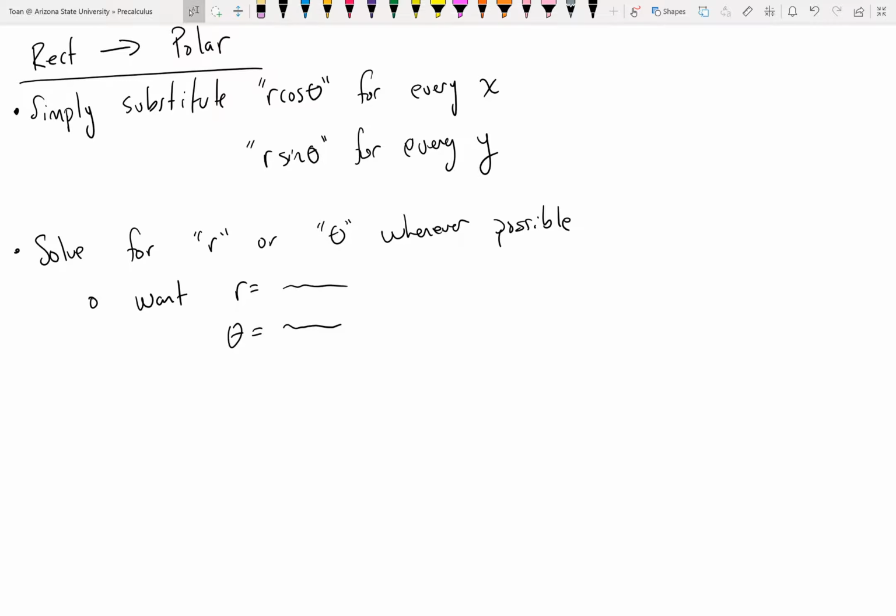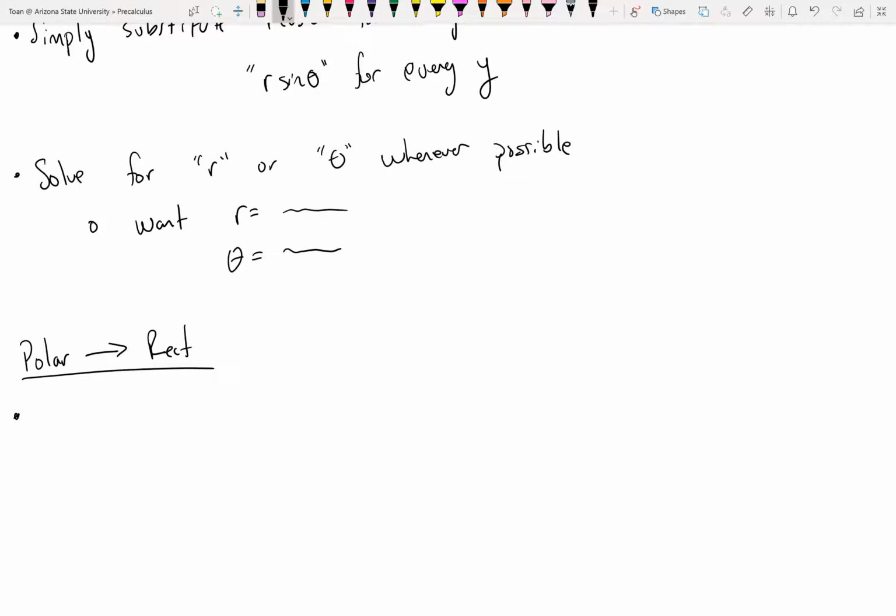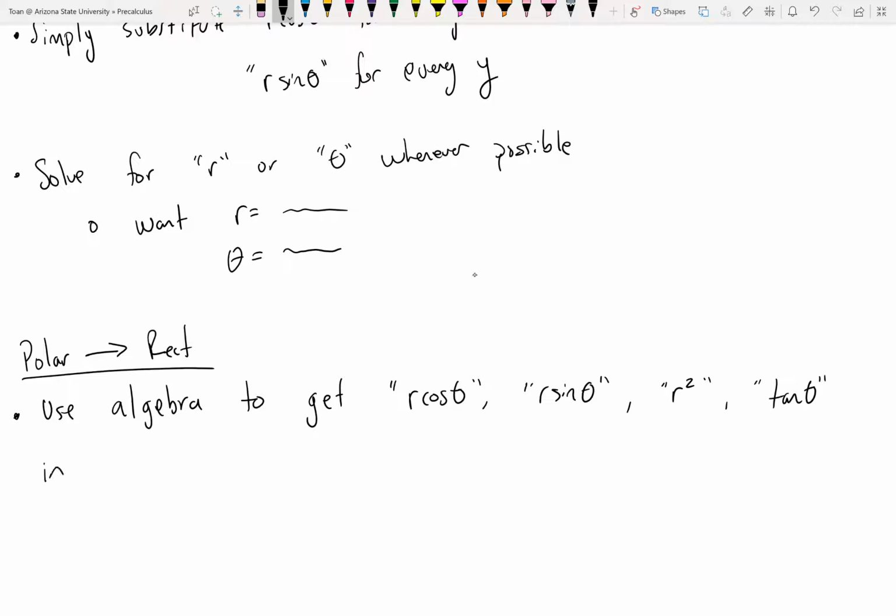In the other direction is a little bit harder. If you're going from polar to rectangular, the idea is you want to use algebra to get r cosine theta, r sine theta, r squared, and sometimes, not often, this is very rare, tan theta in your equation.